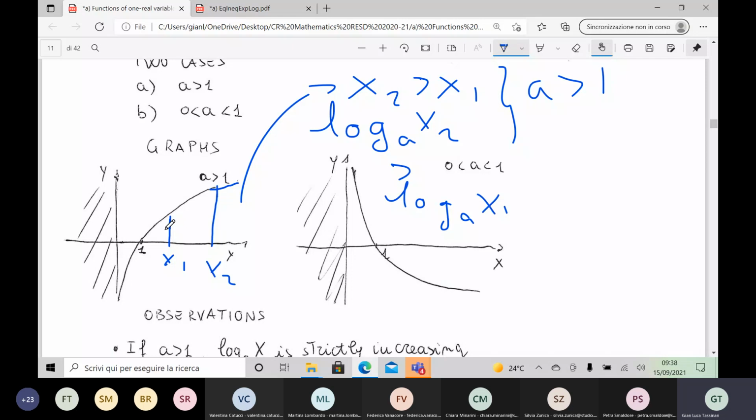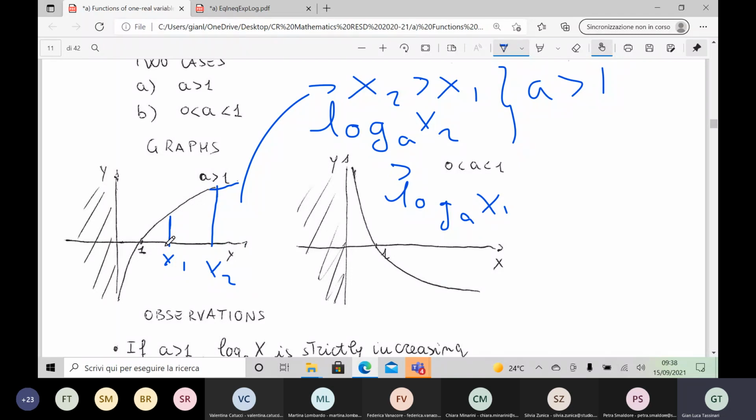So what I'm saying, if you have two quantities and you take the logarithmic transform of both sides with basis bigger than 1, the verse of the inequality does not change, because x2 is the horizontal straight line, bigger than x1, which is this horizontal segment.